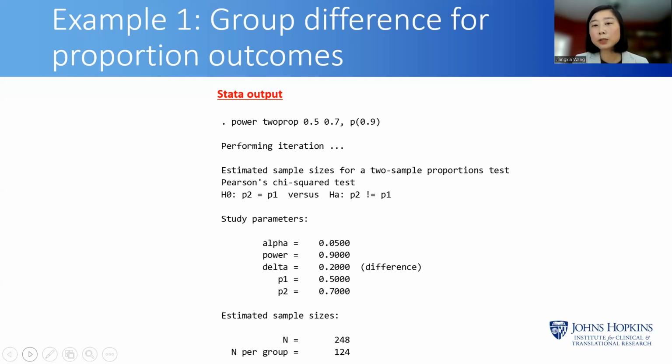And we want to achieve 0.9 power, so I use power(0.9) in the command. I don't know whether you see it, it's the first line here. Under this is the output from Stata. As we can see, it listed all the study parameters. Based on those study parameters, the estimated sample size is 124 per group, and the total sample size is 248. So that's the sample size calculation result for this example.